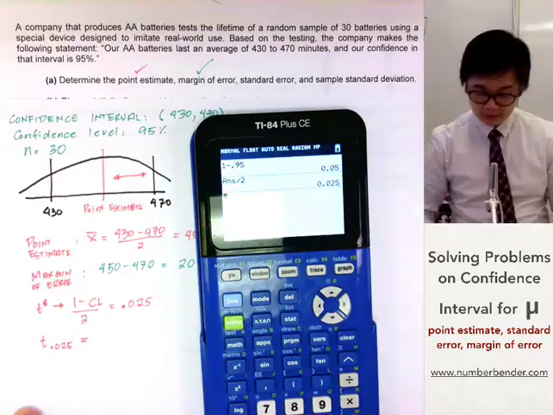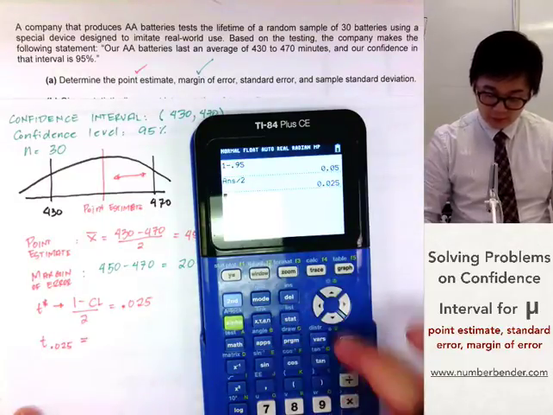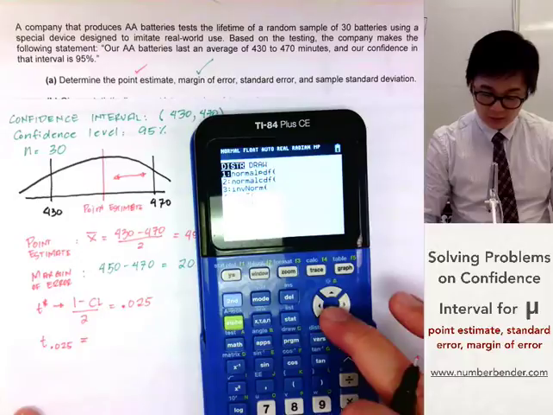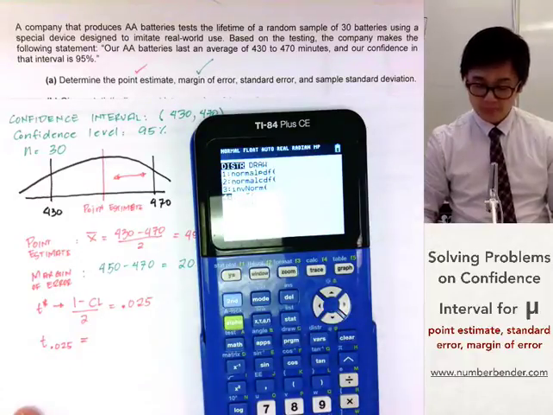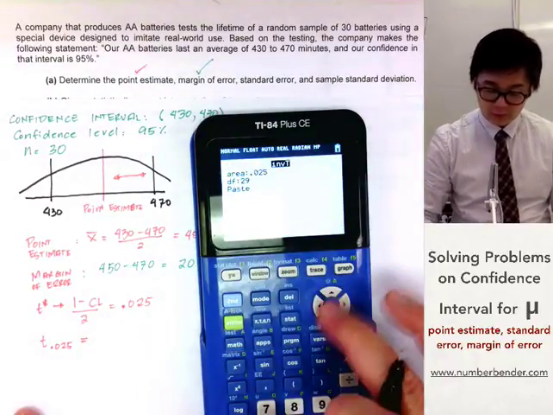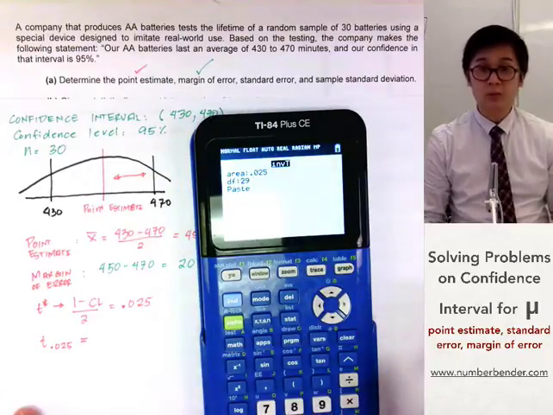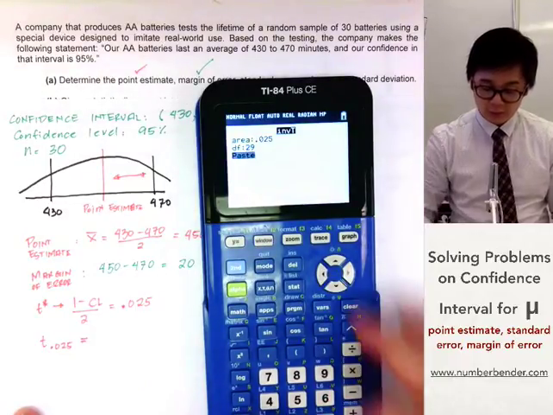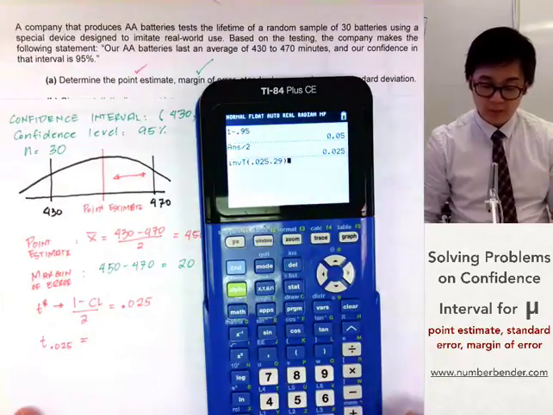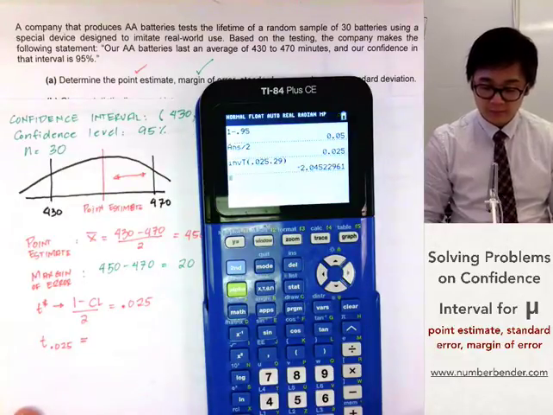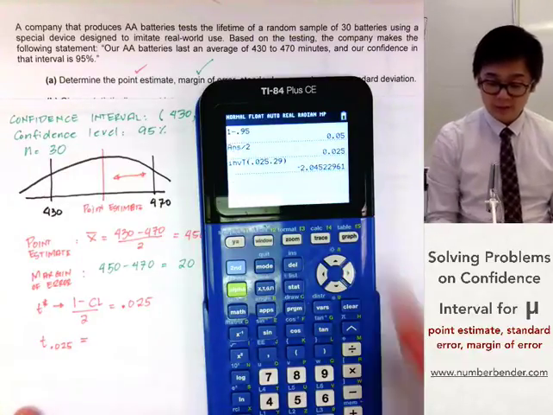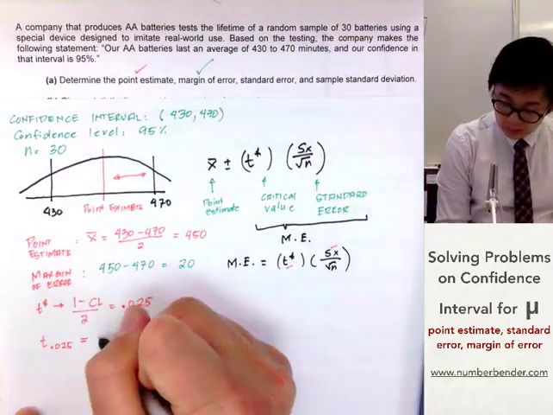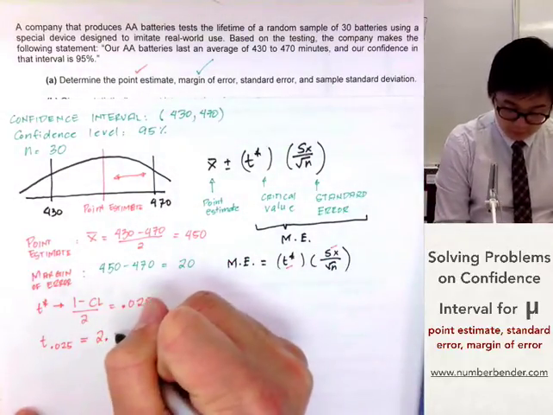Using our calculator, we'll need the second vars function, given the distribution. Go to inverse t and you'll find 0.025. The degrees of freedom will be the sample size minus 1, which is 29, and those are the only two things that we need, 0.025 comma 29, to find our critical value, which is negative 2.045, and we always use the positive value of the critical value, so we'll use 2.045.